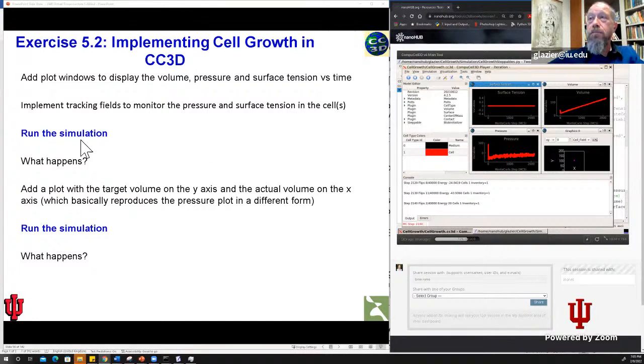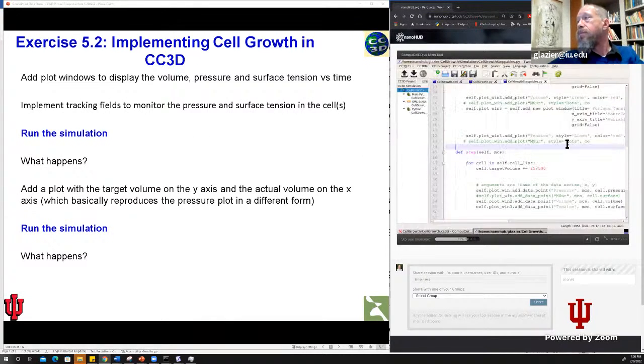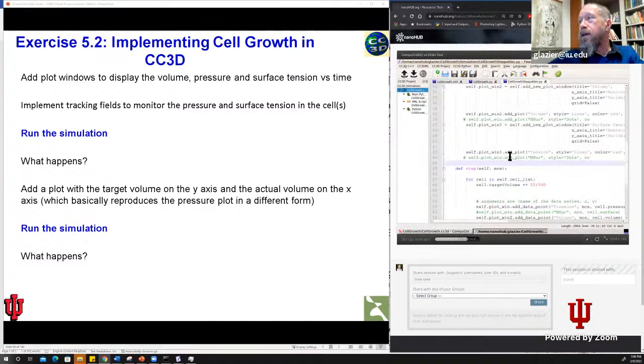So the question was, I asked for a tracking field to monitor the pressure and the surface tension. Maybe we'll turn the tracking field on later. I guess we can do that too. So I'll add the tracking field as well. Remember to do the tracking field.